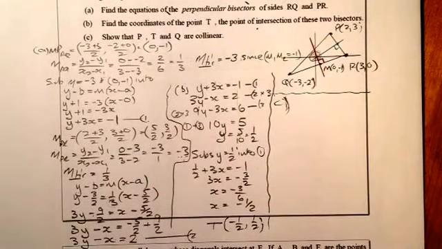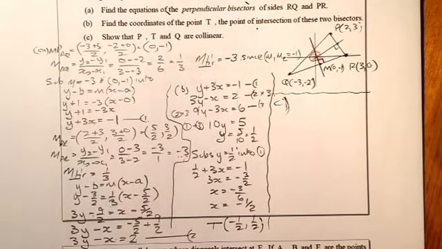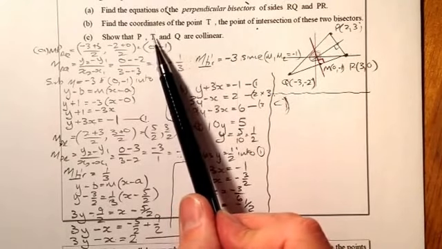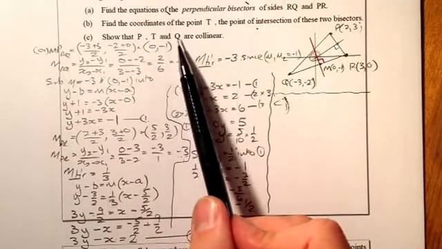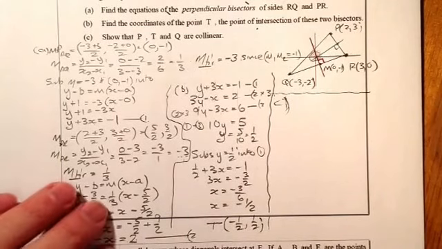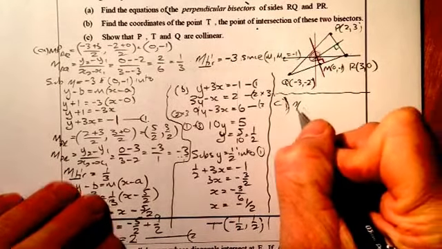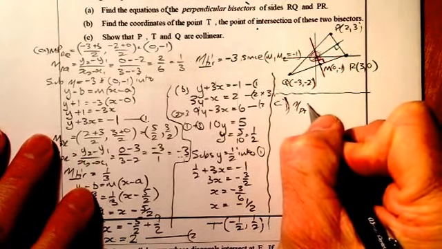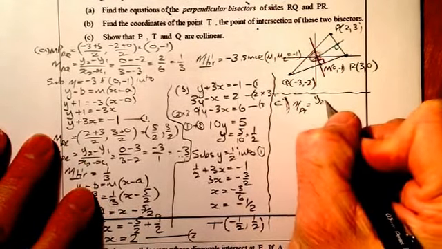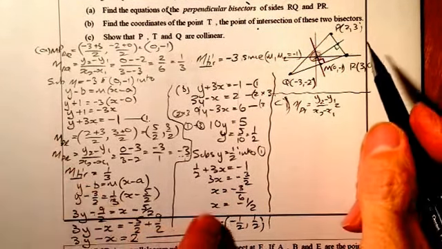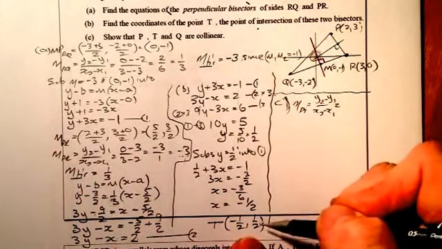Okay, so for collinearity, I know that the gradient between PT and the gradient between TQ must be the exact same. So I'm going to just work out the gradient of PT first. So my gradient of PT is going to be equal to y2 minus y1 all over x2 minus x1. Substituting the values in. So the point T is this one here.